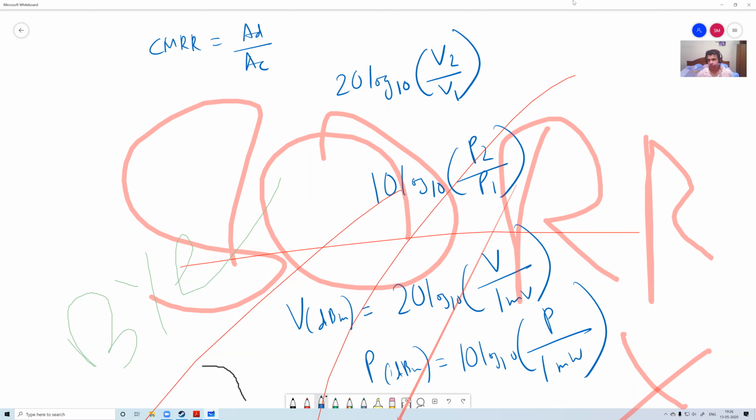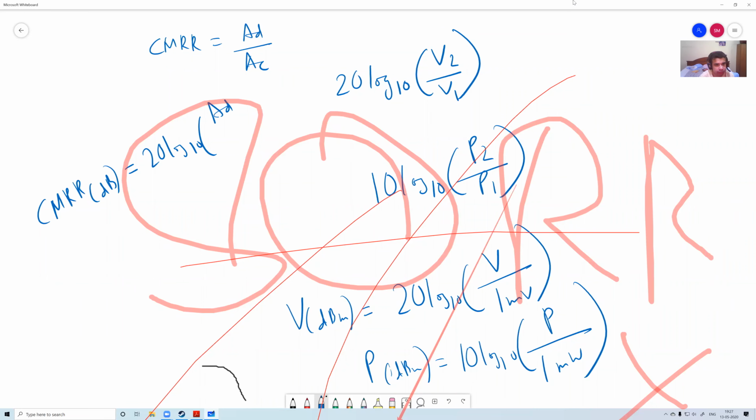Clear? So CMRR in dB would simply be 20 log base 10 AD by AC. Correct?